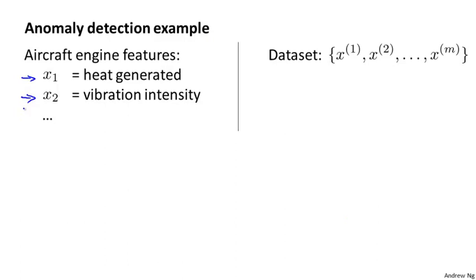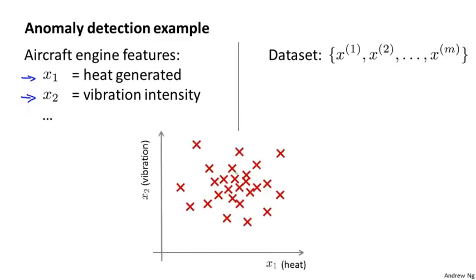I actually have some friends that worked on this problem a long time ago, and these were actually the sorts of features that they were collecting off actual aircraft engines. And so you now have a data set of X1 through XM if you have manufactured M aircraft engines. And if you plot your data, maybe it looks like this. So each point here, each cross here, is one of your unlabeled examples.